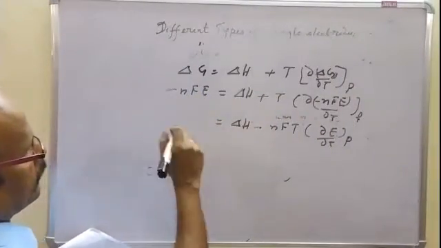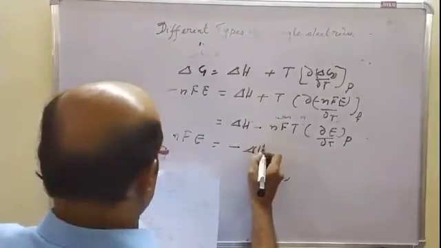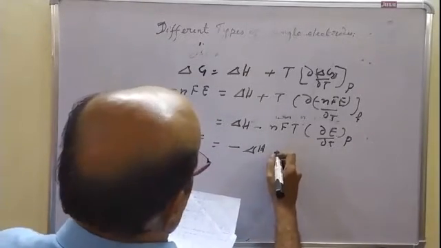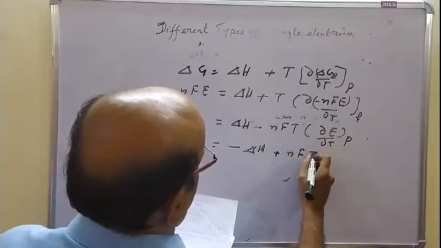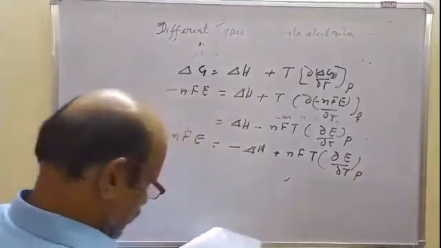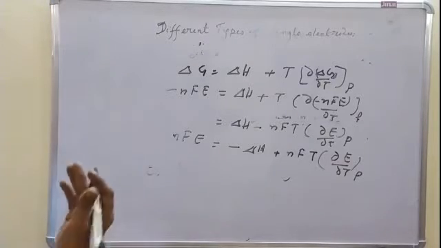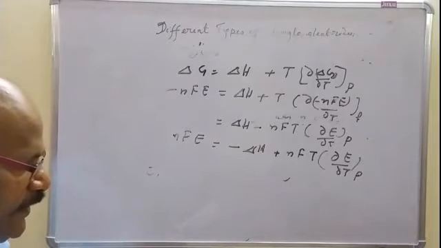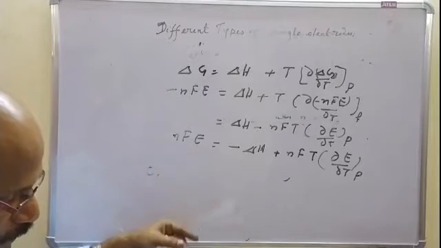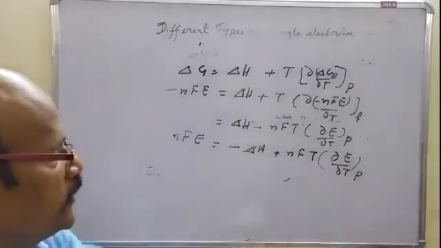Taking the minus through, nFE is equal to minus delta H plus nFT dE by dT at constant pressure. According to your convenience, you can arrange the equation like this.